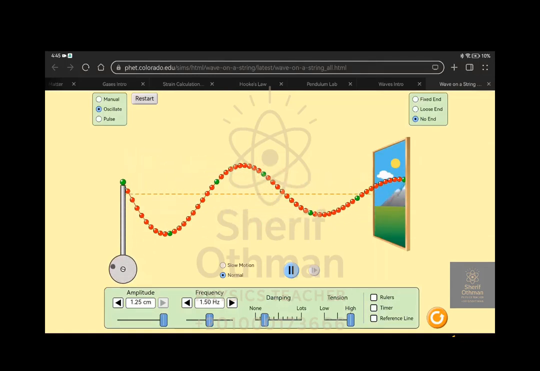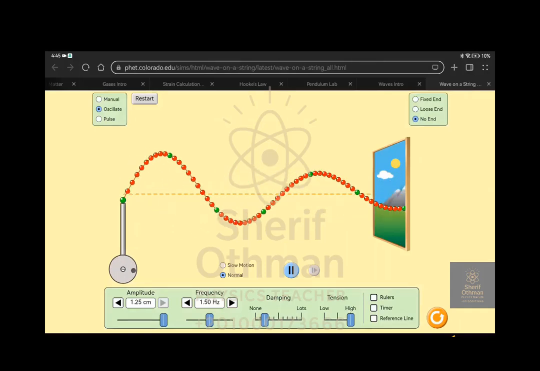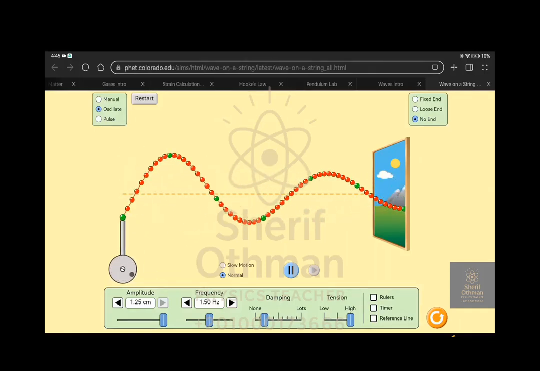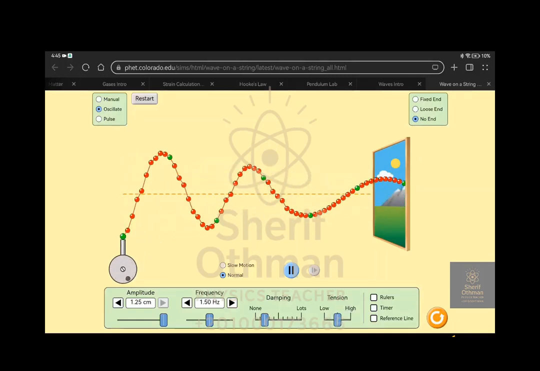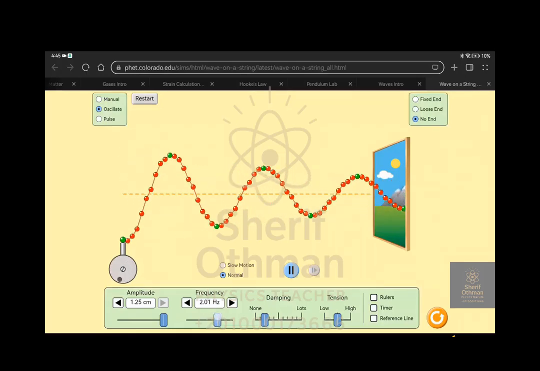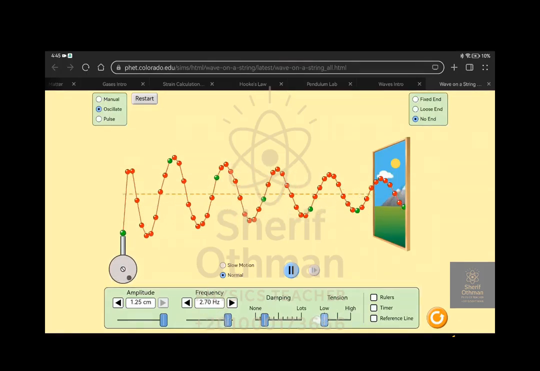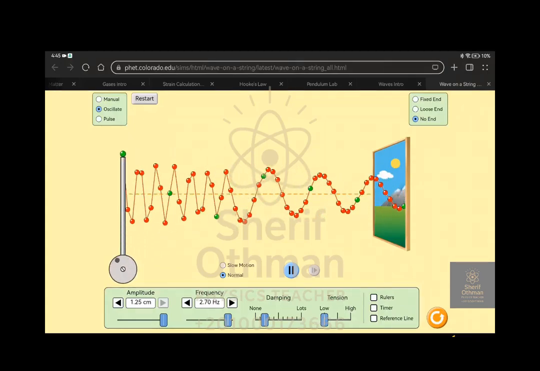What is the frequency? The frequency is the number of waves per unit time. How many waves in unit time? I'm increasing the frequency. That means I'm increasing the number of waves, guys.